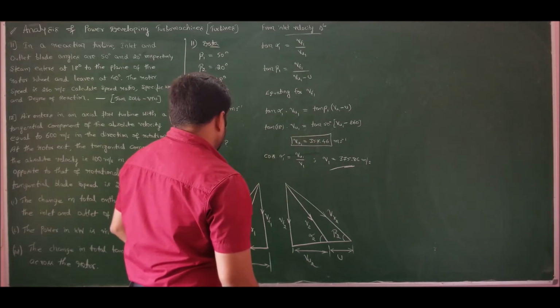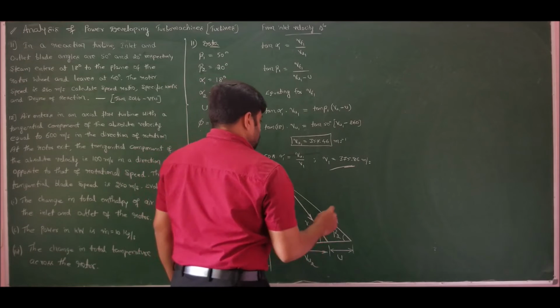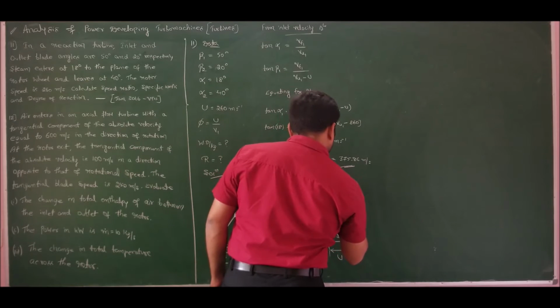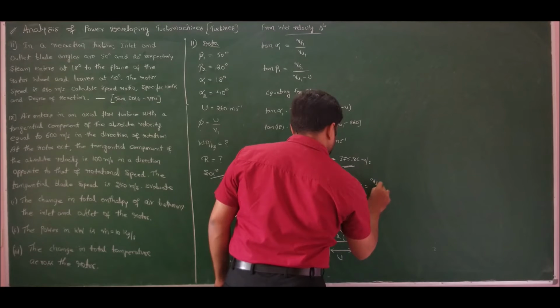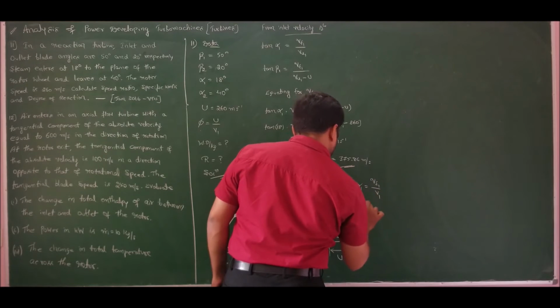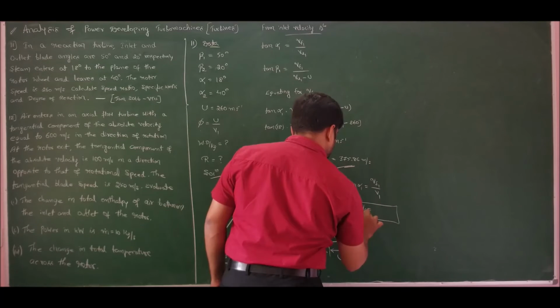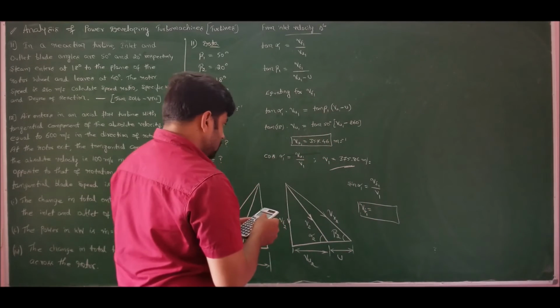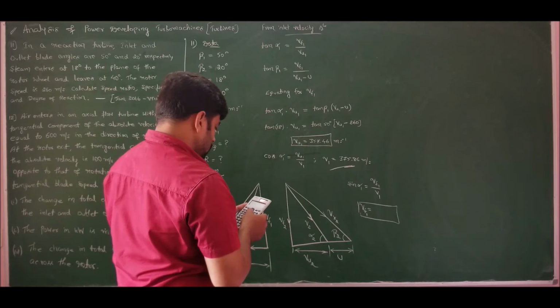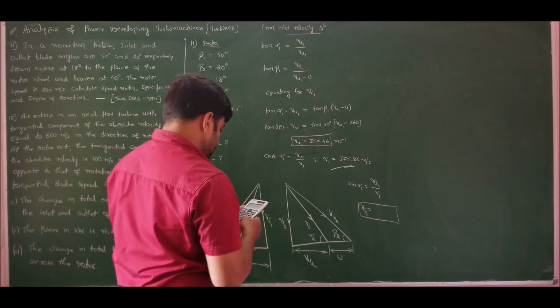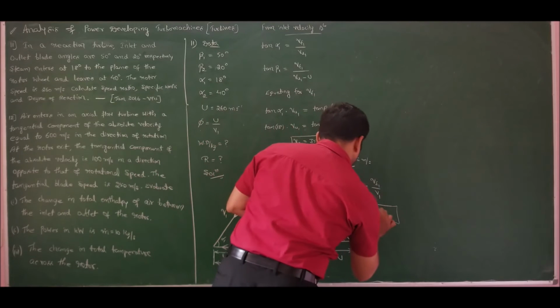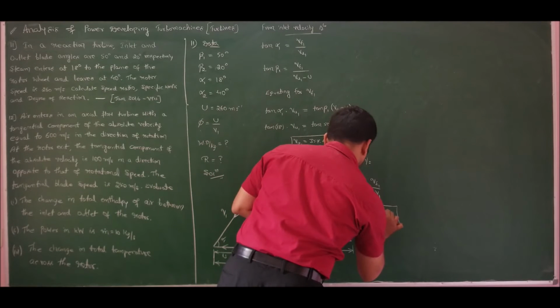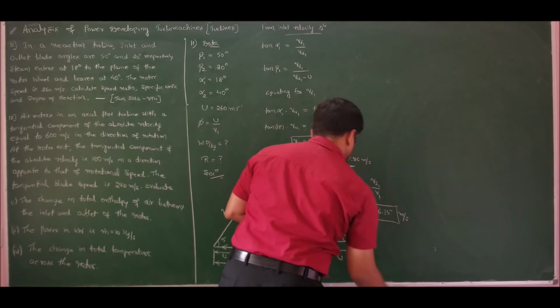Now I can find the value of Vf1 by using sin alpha 1, which is Vf1 by V1. Hence Vf1 is V1 sin alpha 1, that is V1 into sin of 18 degrees, which is equal to 116.15 meters per second.